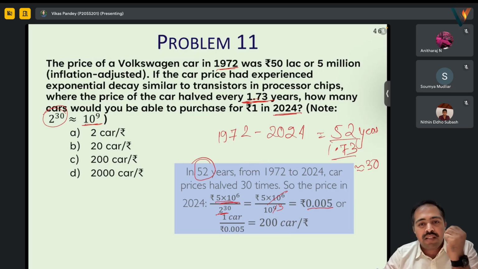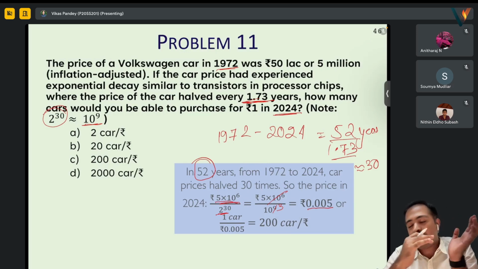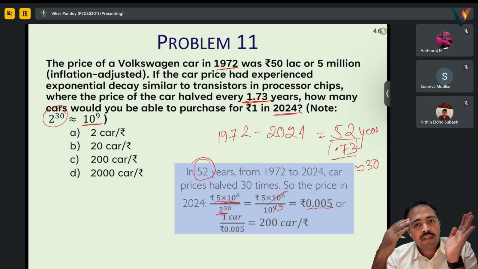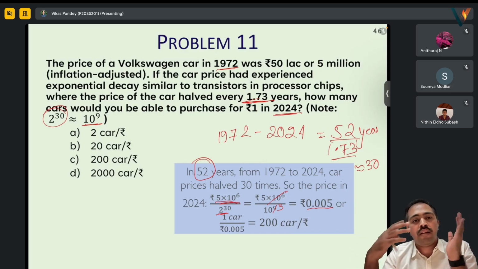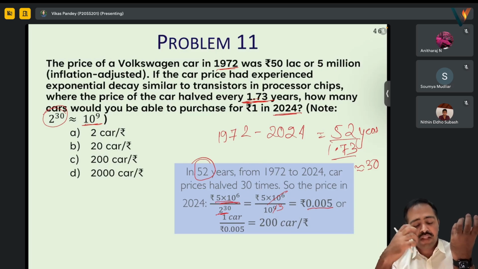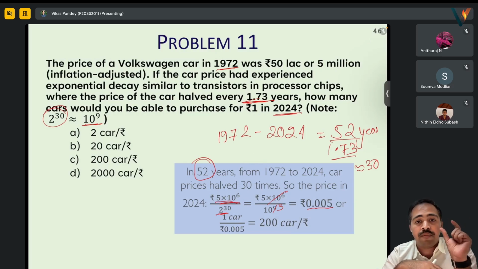This was just to understand how much this technology has evolved. Similarly, if a single transistor was costing something around 50 lakhs in the 1970s, at present it will cost less than 1 paise, half paise, right?